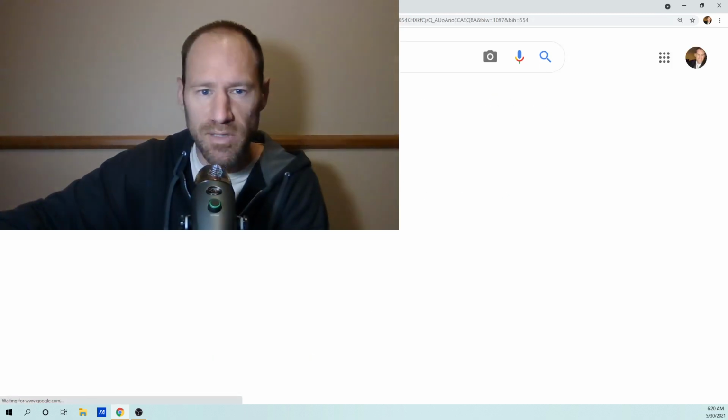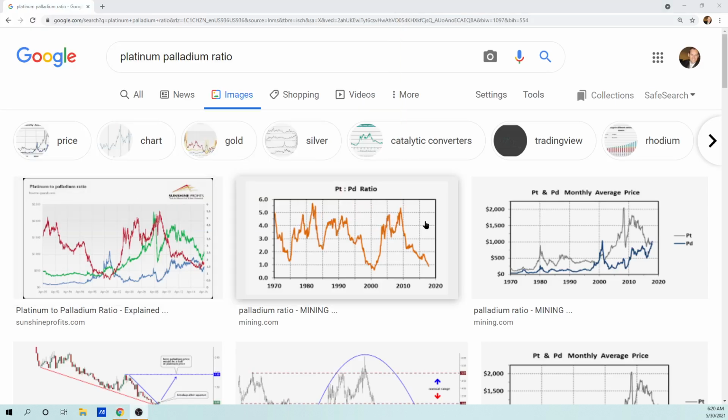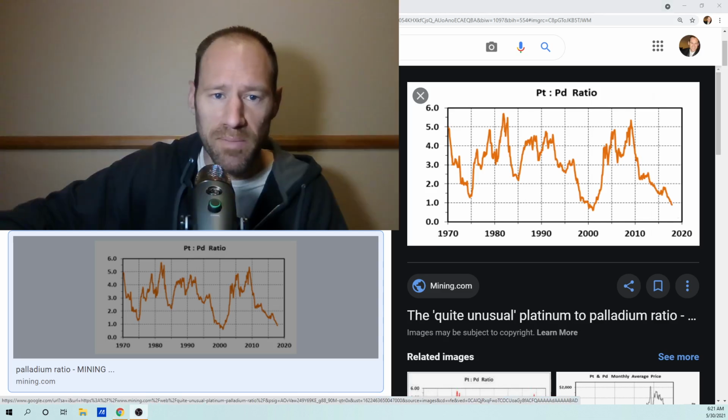You click images, and then you can use this one right here. That is a long-term chart of the platinum to palladium ratio. And then you can do a stock chart, plot it real time, and compare it to history. So it's not too bad.